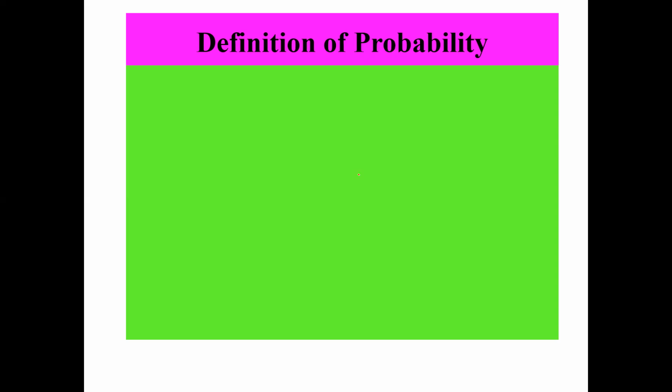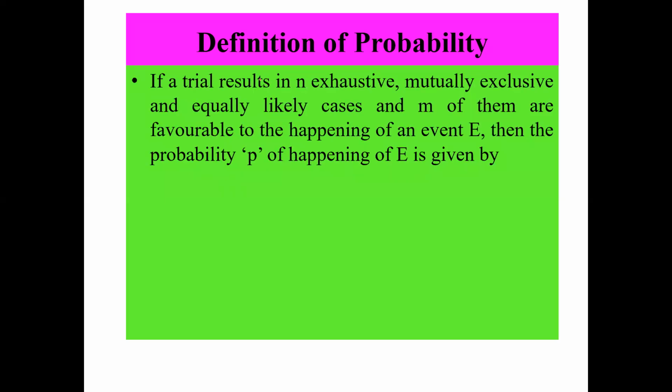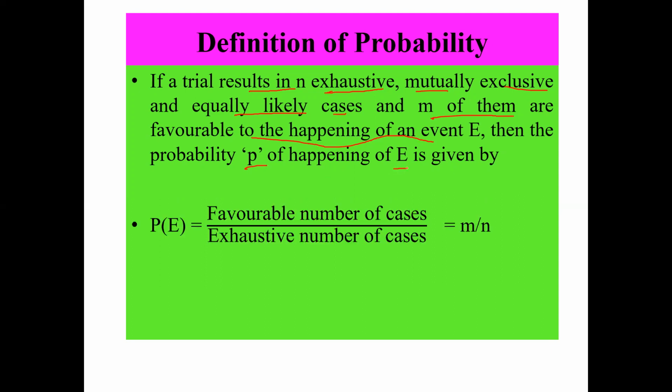If a trial results in n exhaustive, mutually exclusive, and equally likely cases, and m of them are favorable to the happening of an event E, then the probability p of happening of event E is given by the following formula.